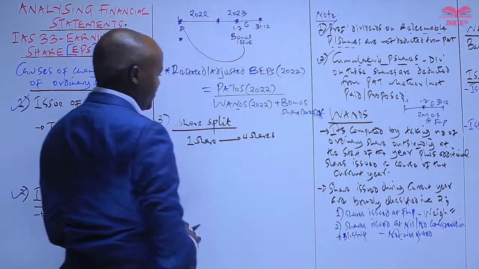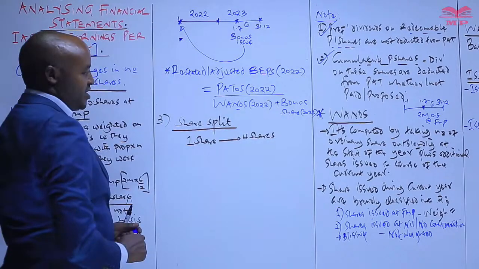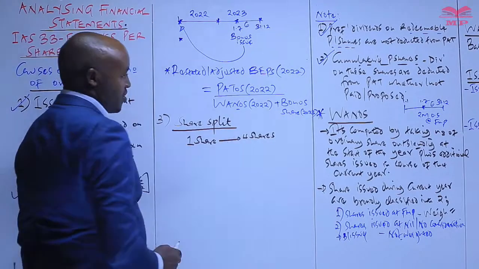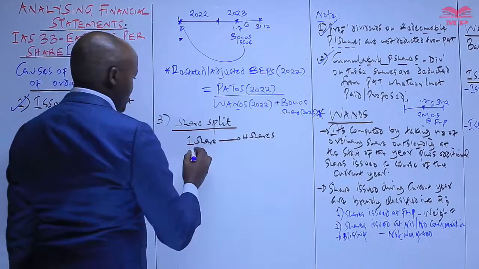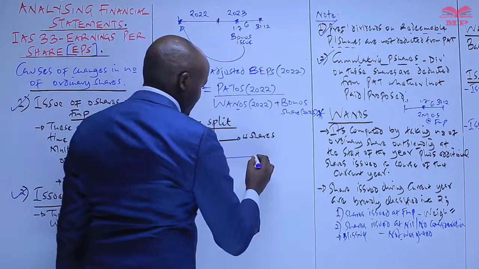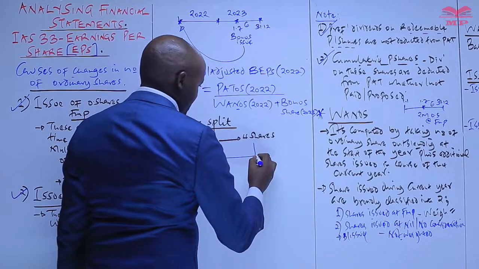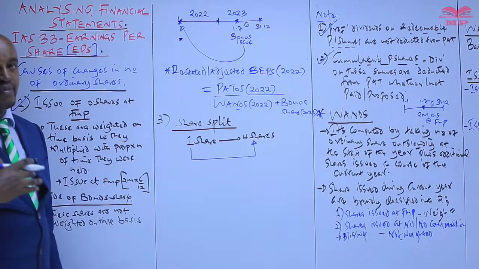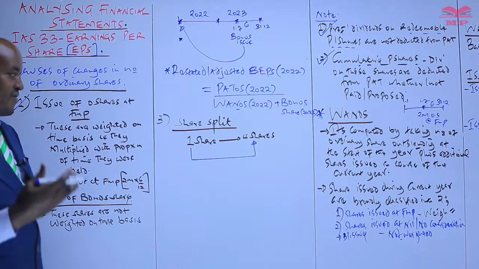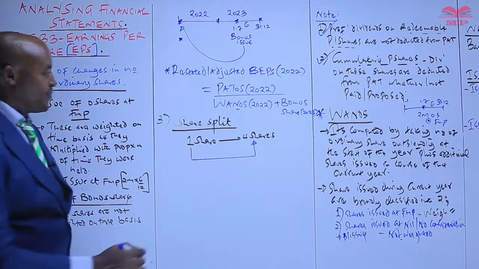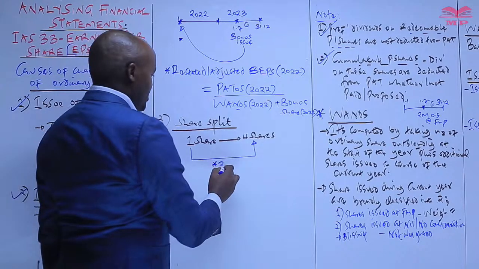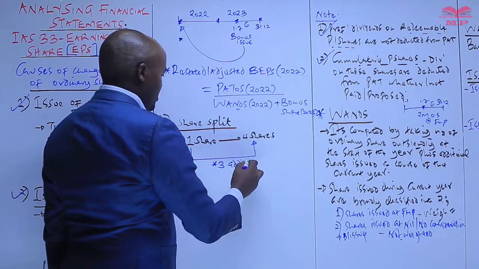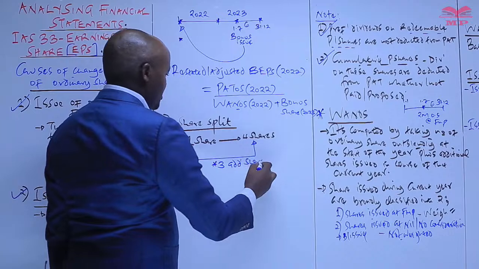Meaning that if you held one share before the split, after the split, you'll be holding how many shares? You'll be holding 4 shares. But it is obvious that the additional shares which you are going to have as a result of the share split, like in this case, you will have 3 additional shares, these particular shares you don't pay for.